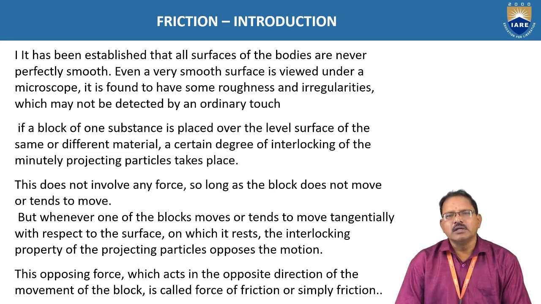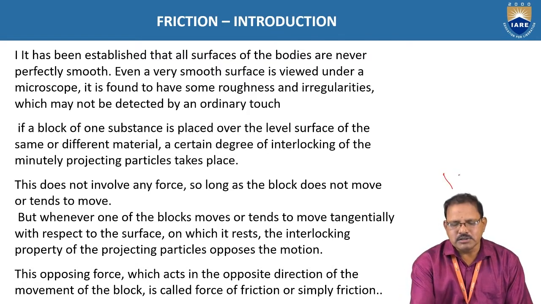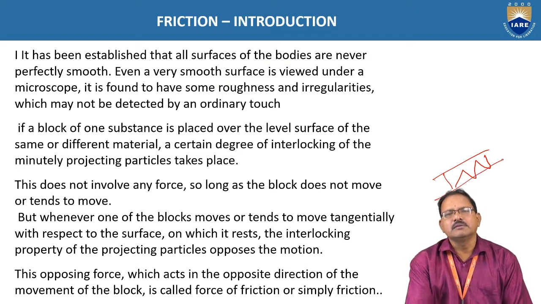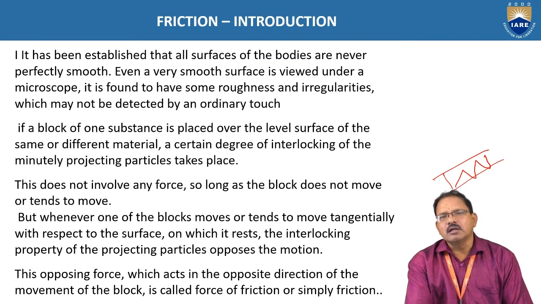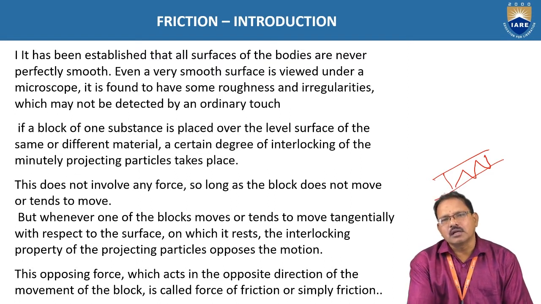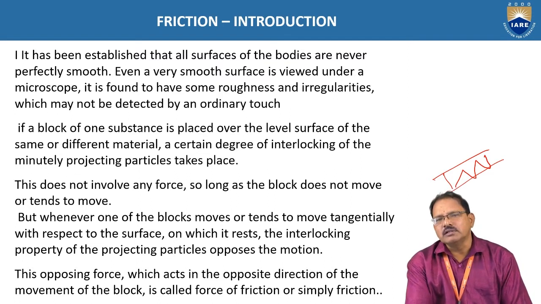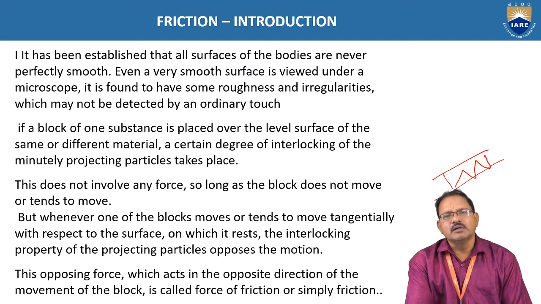So when one object is kept over another object, these irregularities are in the form of conical shapes. When one object is placed over another, these irregularities match with each other and interlocking takes place.